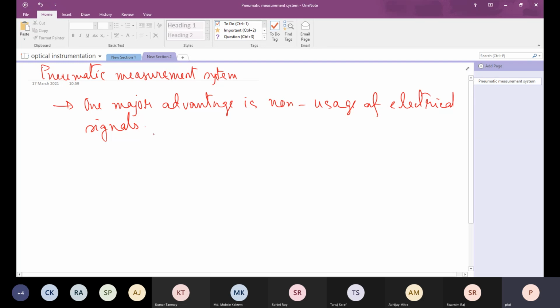However, there is one disadvantage of electrical signals, especially high current signals: if there is some kind of loose connection or loose contact, then there can be sparking, and in some environments, the electrical sparks can create havoc. Therefore, this pneumatic measurement system can be used in such hazardous or explosive environments.